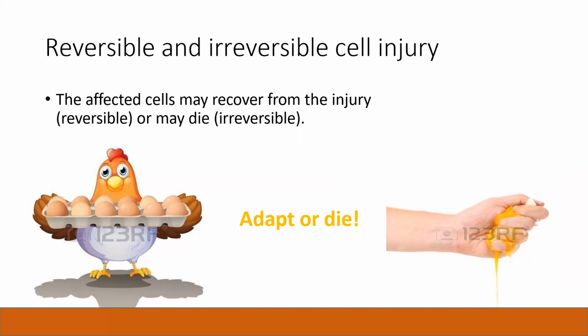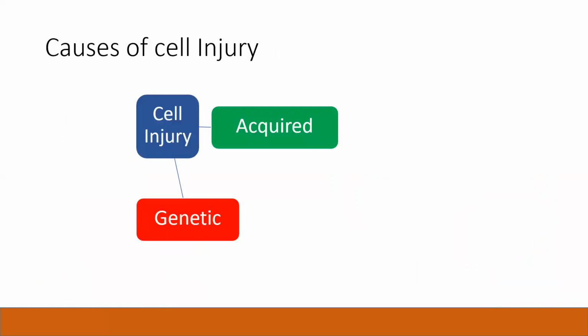Okay. So the cell which is dead on the biochemical level, that cell will not be reversible. So what is the cause of cell injury? The causes of cell injury are of two types.